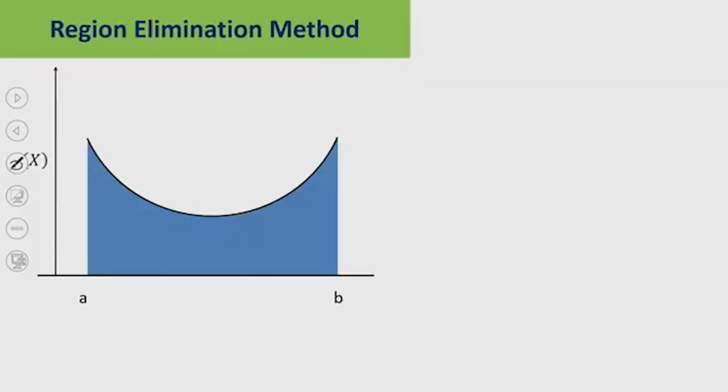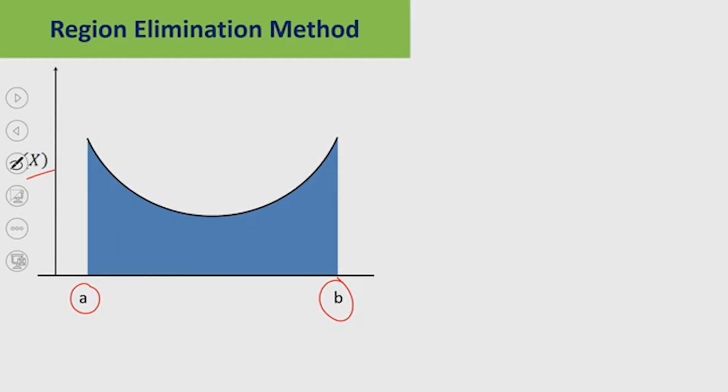Before describing the method, let us take a unimodal function f(x). This is a unimodal function and the function is continuous between a and b, so that means there is one optimal solution.